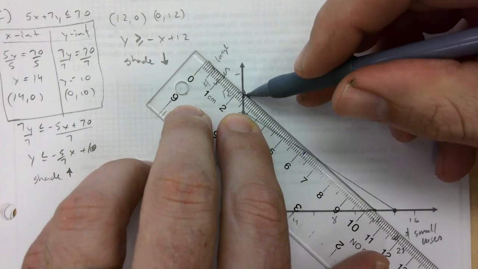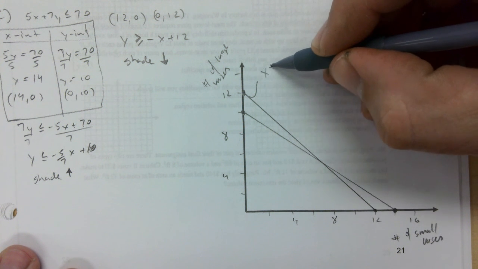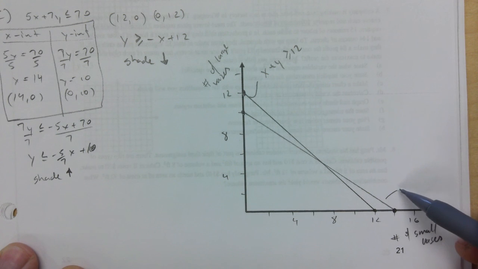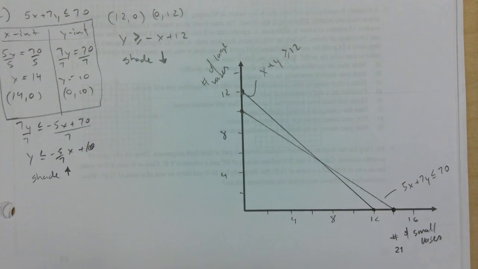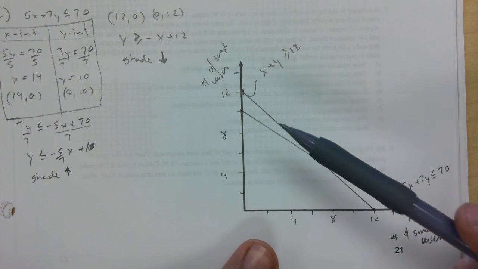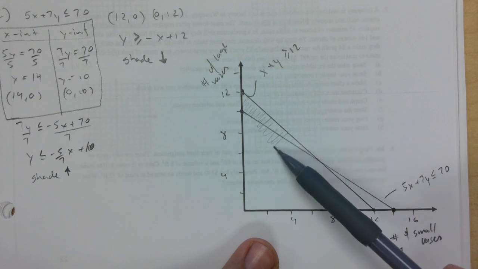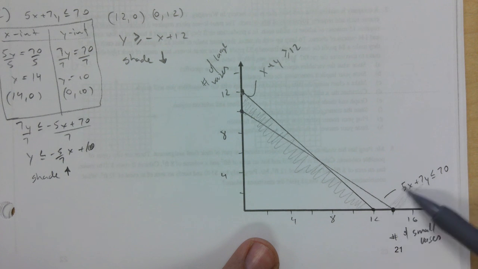Intersect. So this is x plus y is greater than or equal to 12. And this line is 5x plus 7y is less than or equal to 70. So careful, you're going to shade below on this one. So I'm following it, I'm going below, and it's above for the other one.